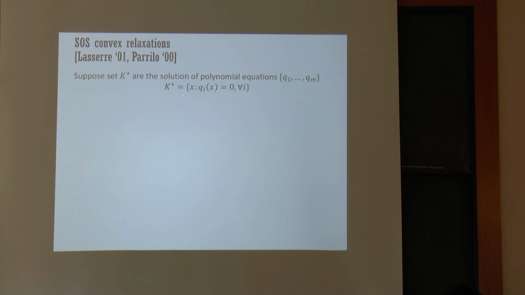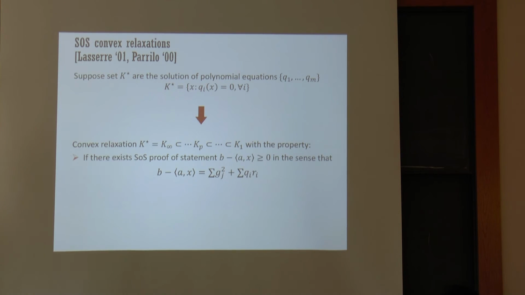So often we have the setting where, let's still call it K star, it is the solution set of polynomial equations, q1 up to qn. So they are the roots of these equations. And what sum of squares relaxation can do for us is that we can have a sequence of relaxations with the following property. If there exists a sum of squares proof for the statement, let's say b minus a dot x, this is a linear inequality.